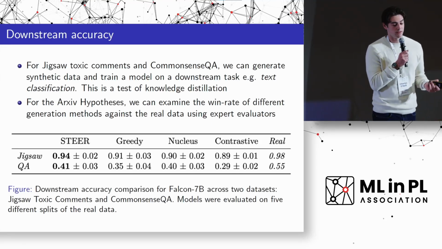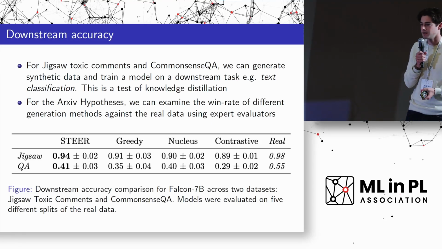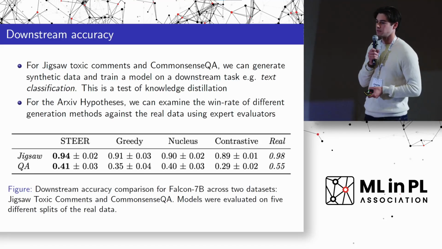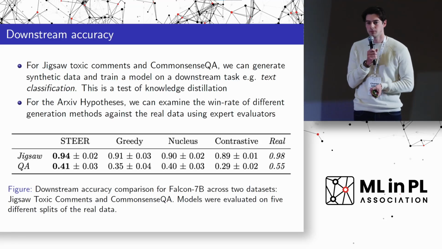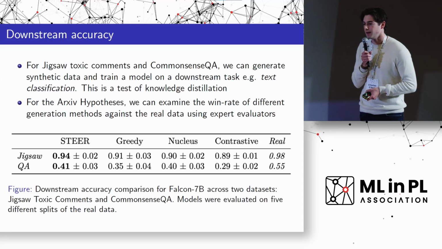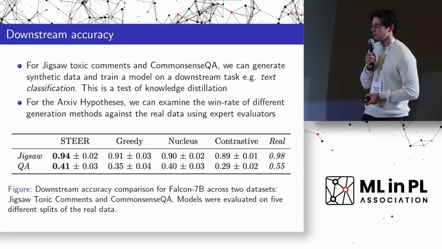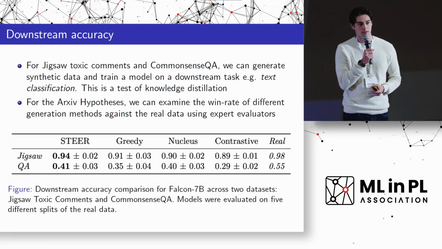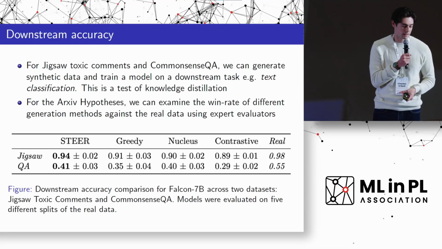Another way to measure the synthetic data and how good it is, is training on downstream tasks. So for the second 2 data sets, for the toxic and non-toxic comments and then the multiple choice QA, we can simply train a classifier on those and look at how well it does on the synthetic data. So for real data, a classifier trained on toxic and non-toxic comment embeddings achieves 98% accuracy.